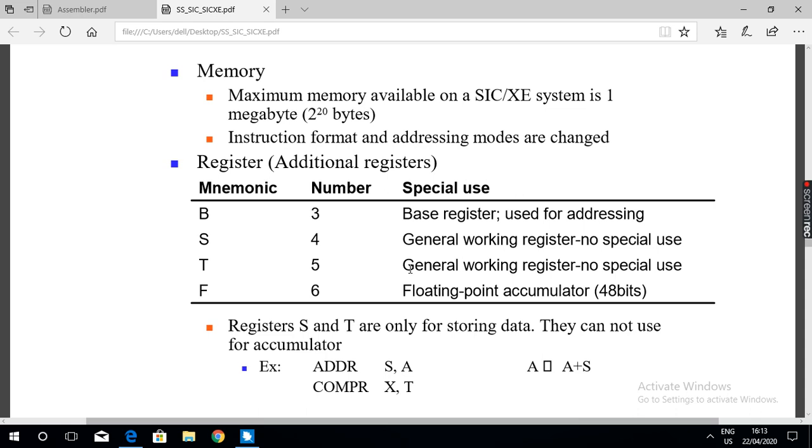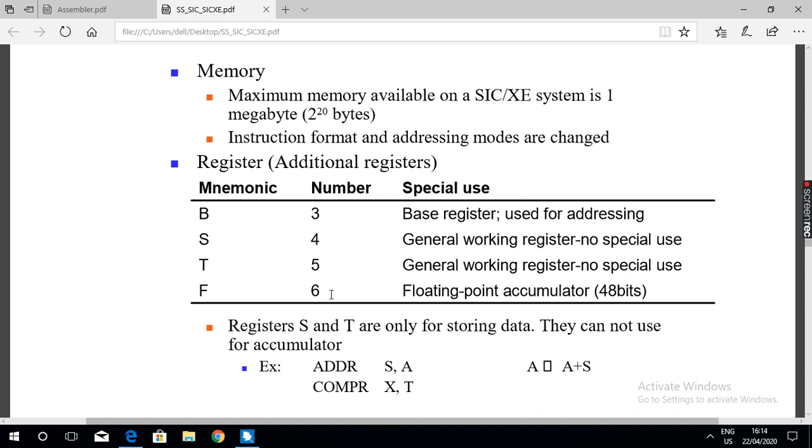It is also used to store data for arithmetic operations. Next we have a 48-bit floating point register, which can be used to store floating point numbers. Its mnemonic is F and the register number is 6.